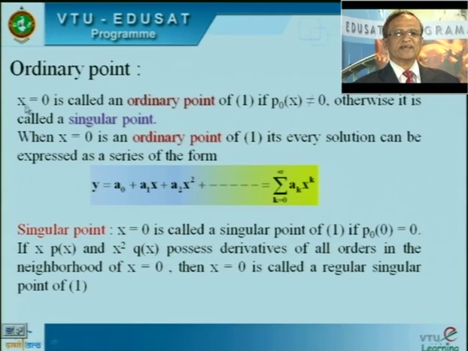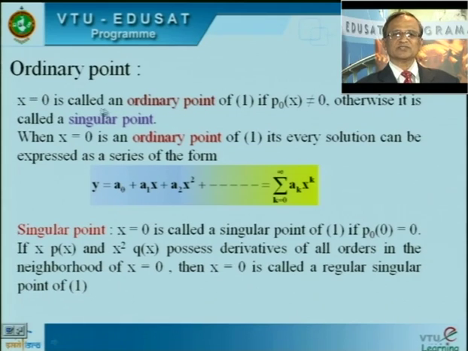When x is equal to 0, it is called an ordinary point. I will replace x by 0 in the polynomial, P naught x, and I want to verify whether it is equal to 0 or not equal to 0. If it is not equal to 0, in that case I will call x is equal to 0 an ordinary point.